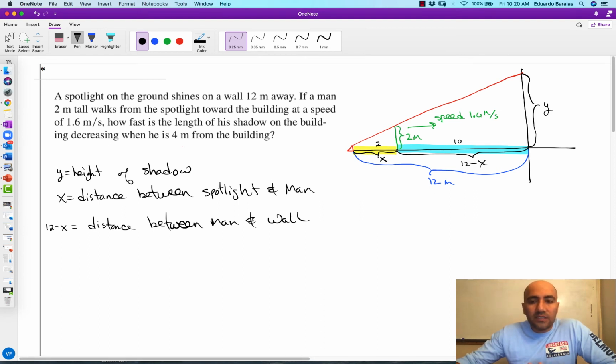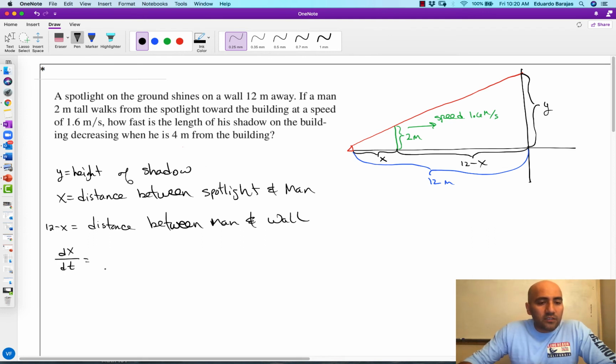Right? Just because dx/dt is a little easier to work with than the derivative with respect to t of this variable, which we didn't even use a single letter to represent this blue quantity here. We used 12 minus x, which we could work with, but it just makes more sense, I think, to think of it this way.